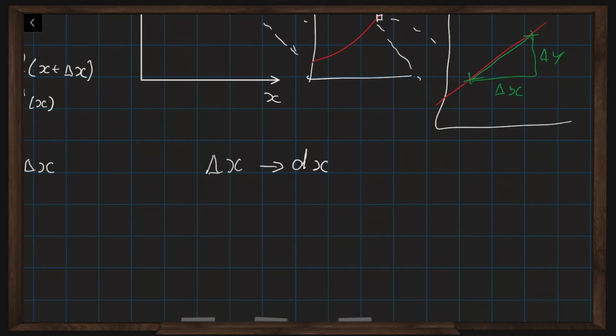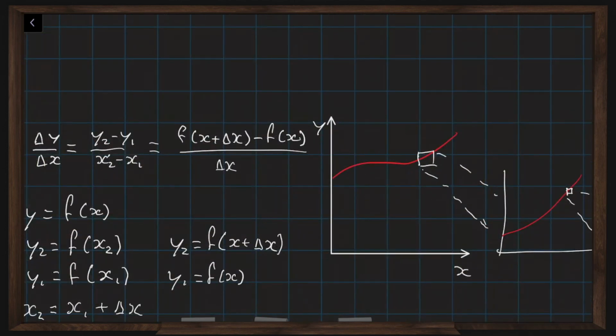So instead of delta x, we use dx, and this represents an infinitely small change, and this is also known as a differential. And then when you take our expression delta y over delta x, we can rewrite that as dy by dx. And we call this the derivative of y with respect to x.